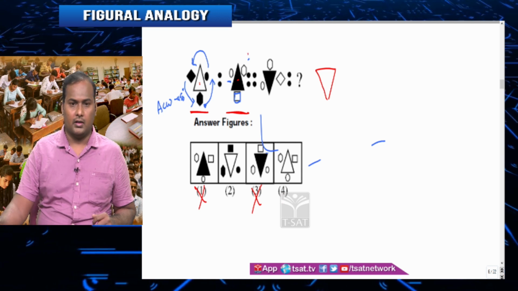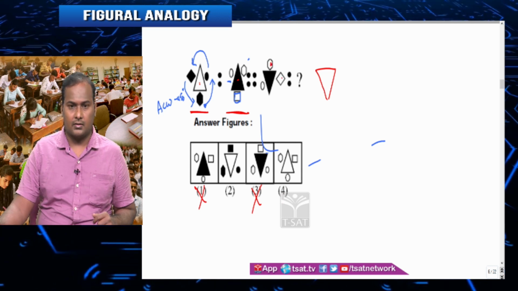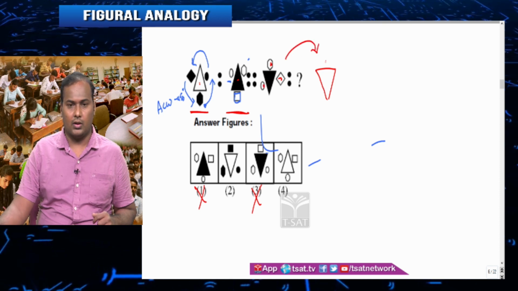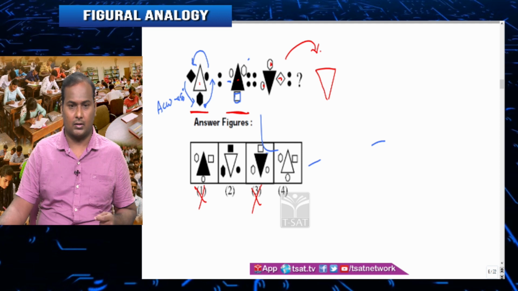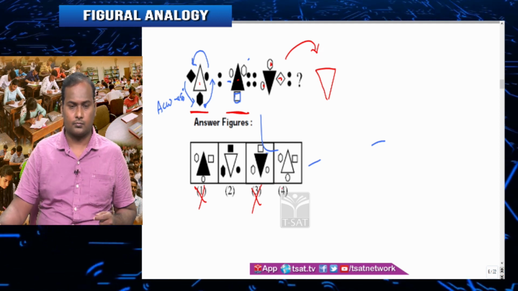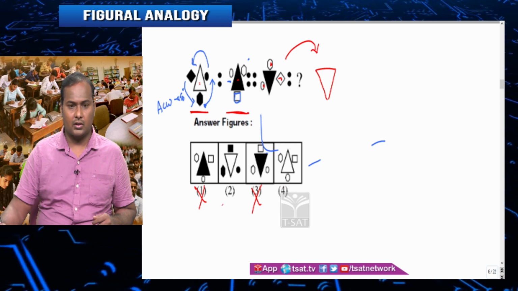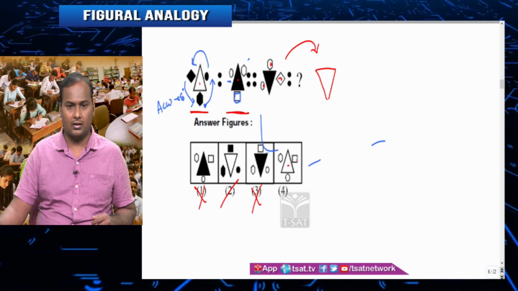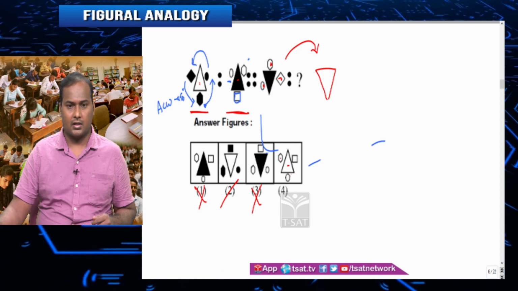But here in the question these are lighter colors. So these lighter colors, when they move onto the other side, become darker. So they can't be lighter here as well. So your answer is option 2, because in option 4 everything is light: the triangle, the circle, the hexagon, the square.